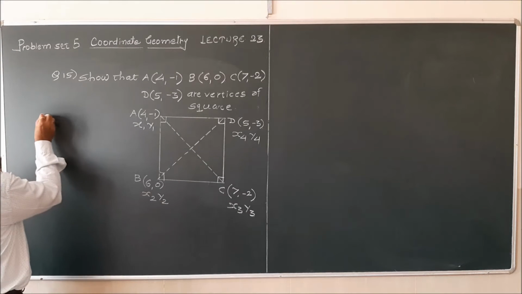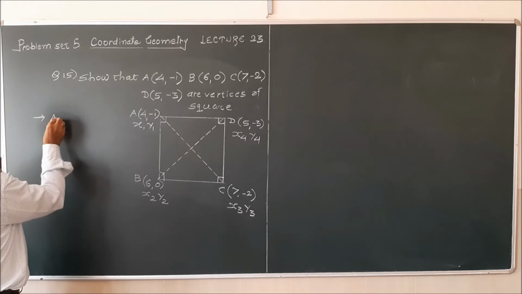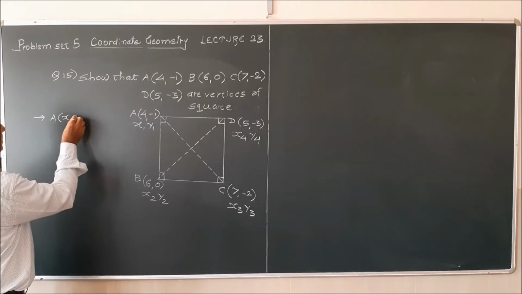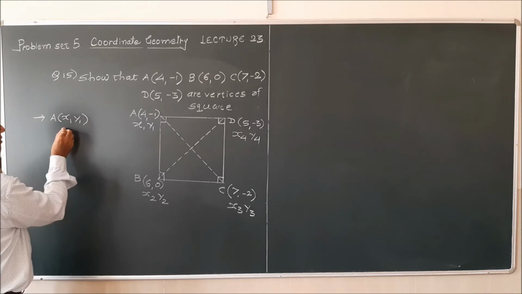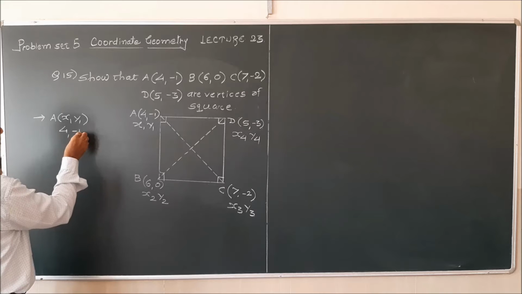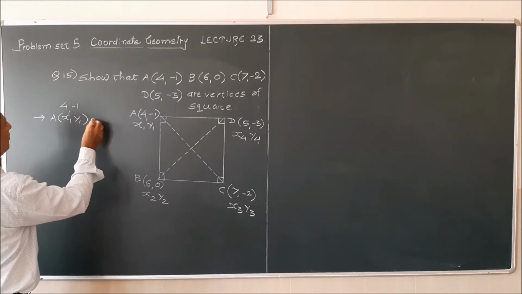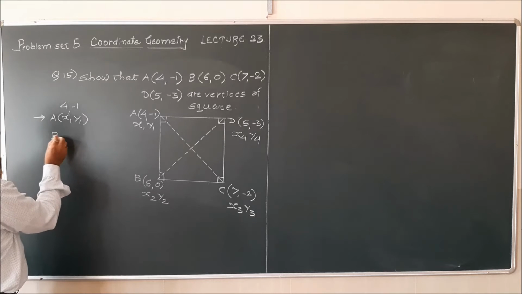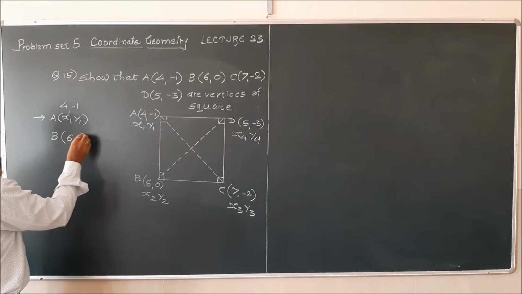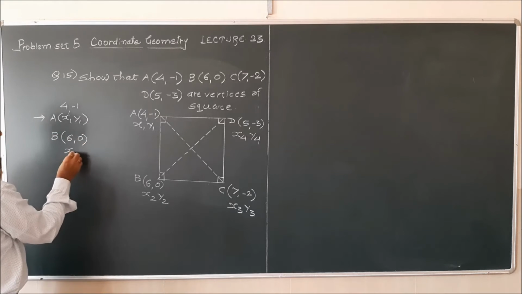Okay. So first of all, A is x1, y1 values of (4, -1), B is (6, 0), x2, y2.